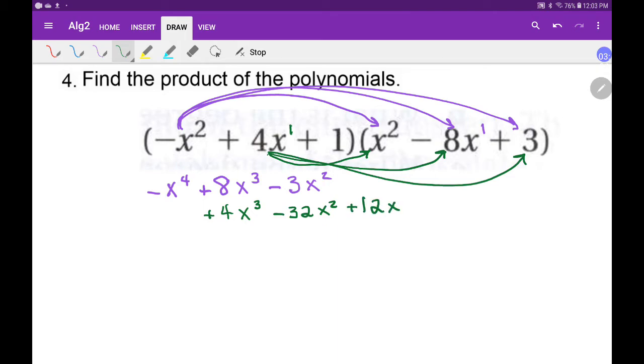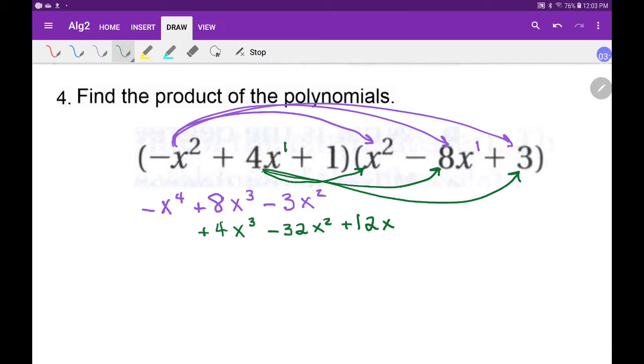I don't have an x category yet, since I have x to the 4th, x to the 3rd, x squared, so I just write it out on its own. And then finally, 1 times x squared, that's going to be 1x squared. And 1 times -8x is -8x. And 1 times 3 is +3.